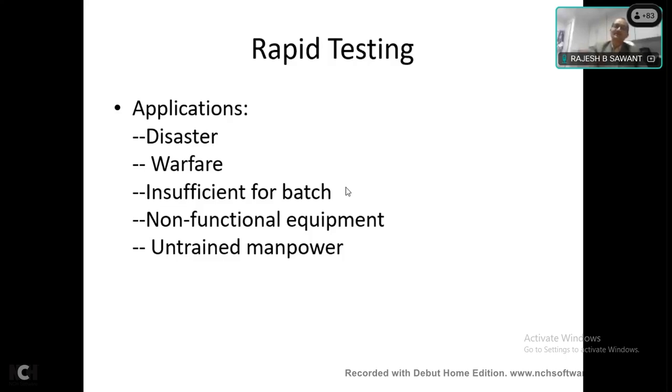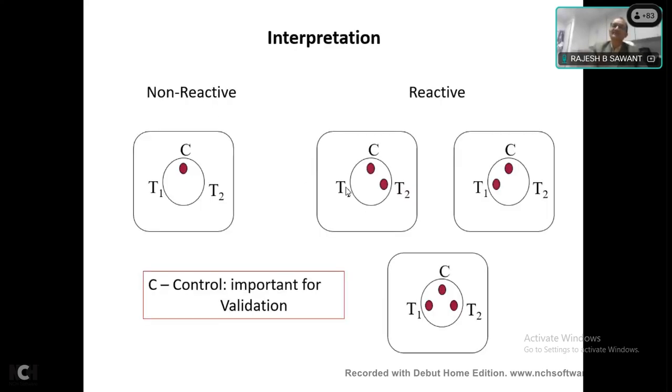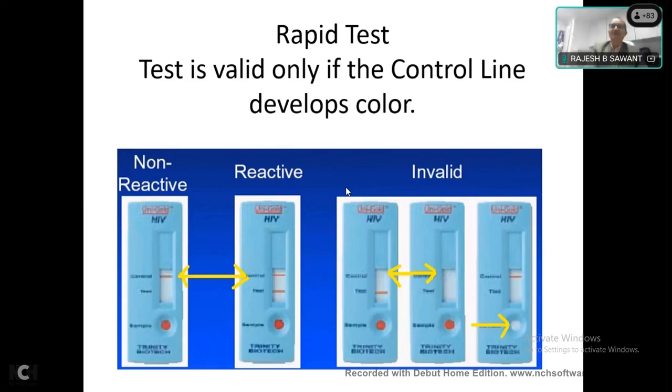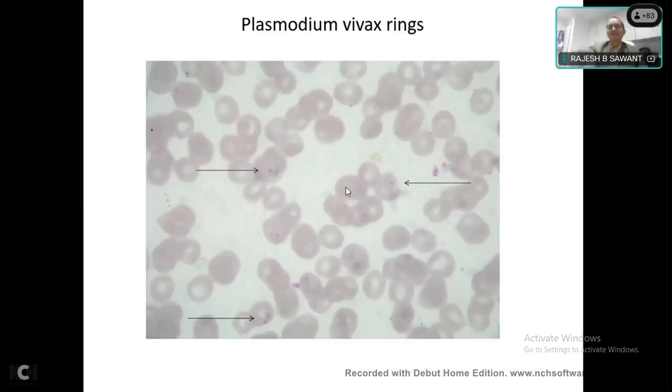You may have a rapid testing mechanism like this, or you may have ELISA like we saw. So the test that your blood center is using is very important as far as blood safety is concerned.